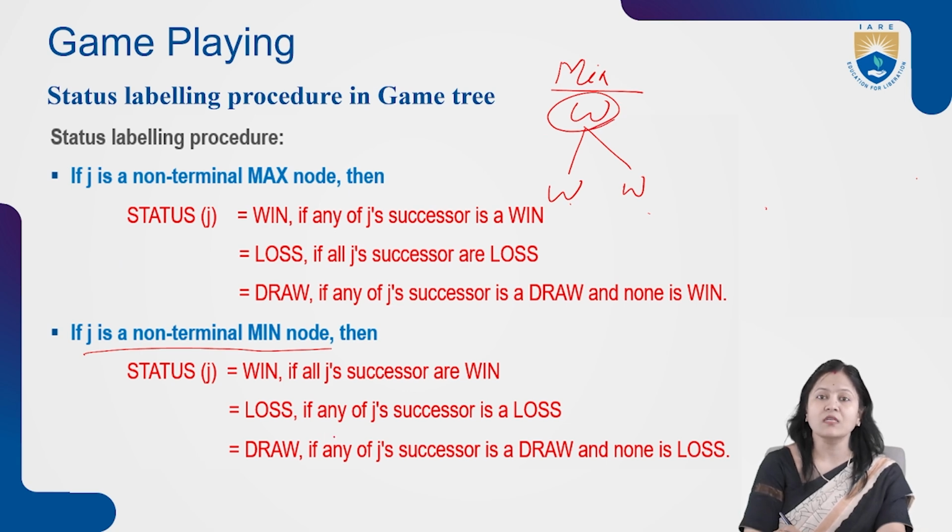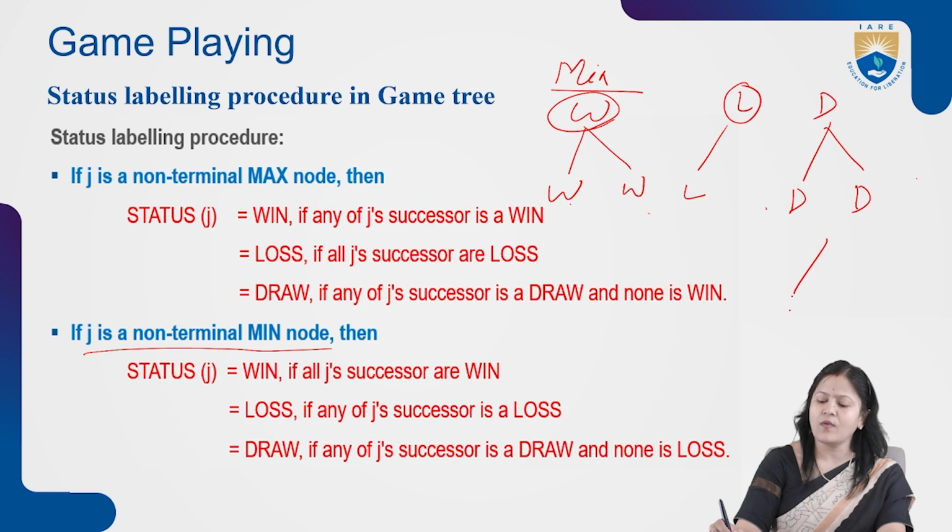Second one is loss. If any of the j successors is loss, meaning any one is L, then the min non-leaf node can be L. Then the last one is draw. If any of the j successors is draw but none is loss, that means all the successors are D, in that case I can write D. Or if one successor is D and another one is W, in that case also I can write D. But in place of W, it should not be L; it should be W only.